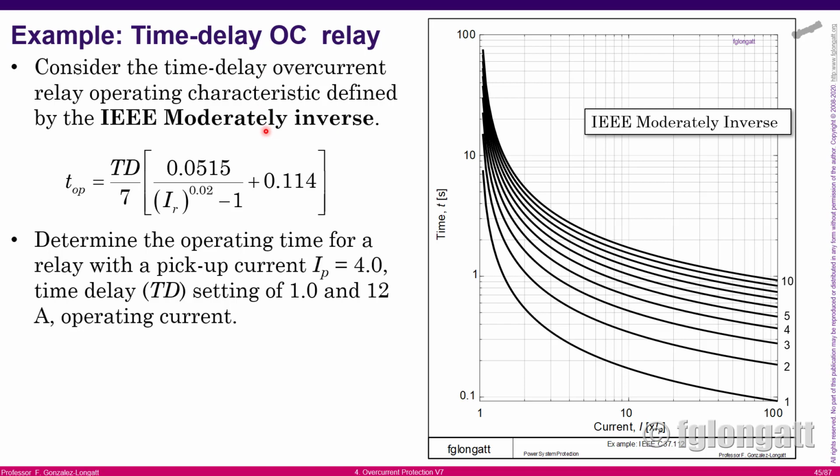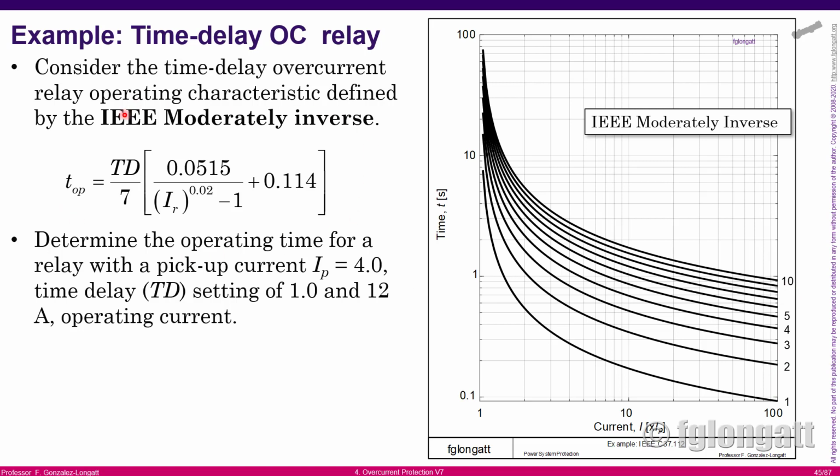Okay. On the right hand side, you have the plots, and you can identify the family of the time current curves. They are created for different time delays. Okay, they are time dials.